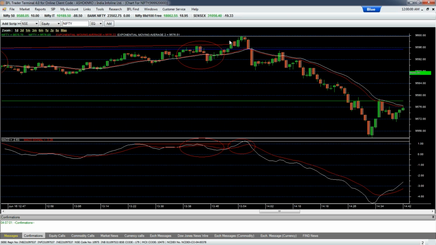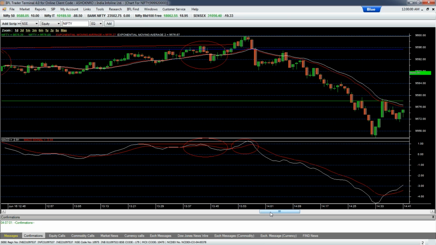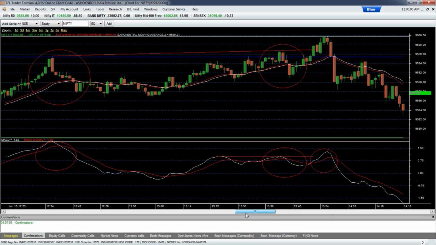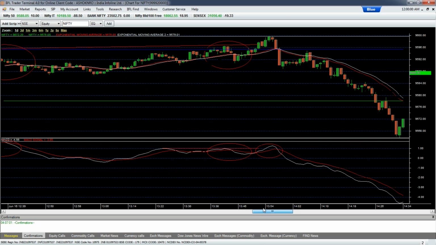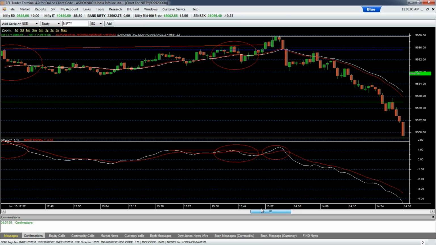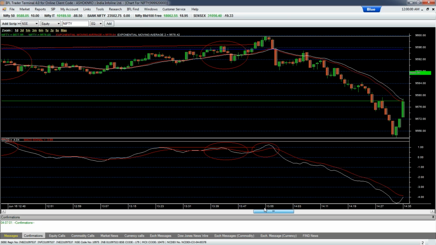Was this expected? Yes, it was expected. How was it expected? That was because the market was going lower in MACD when the market is going higher, right? This is a signal that the trend is changing, and this is what made me take a trade.